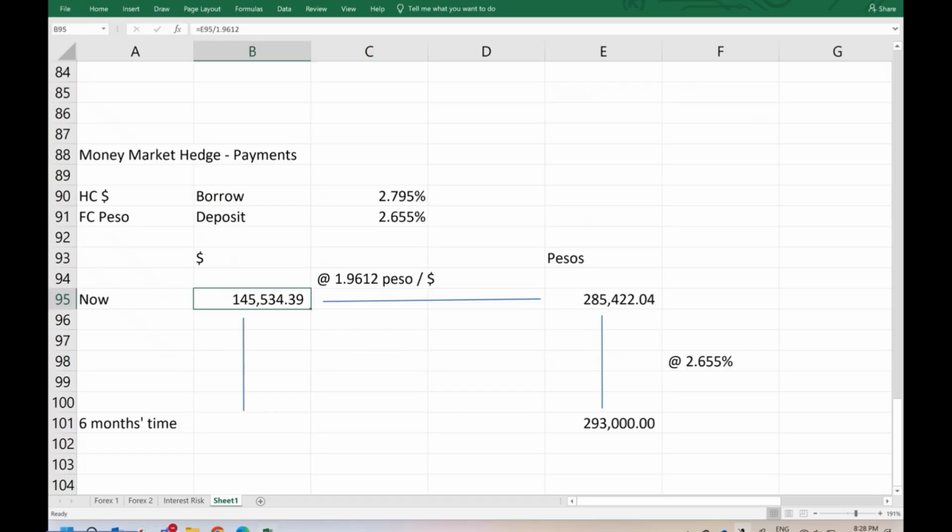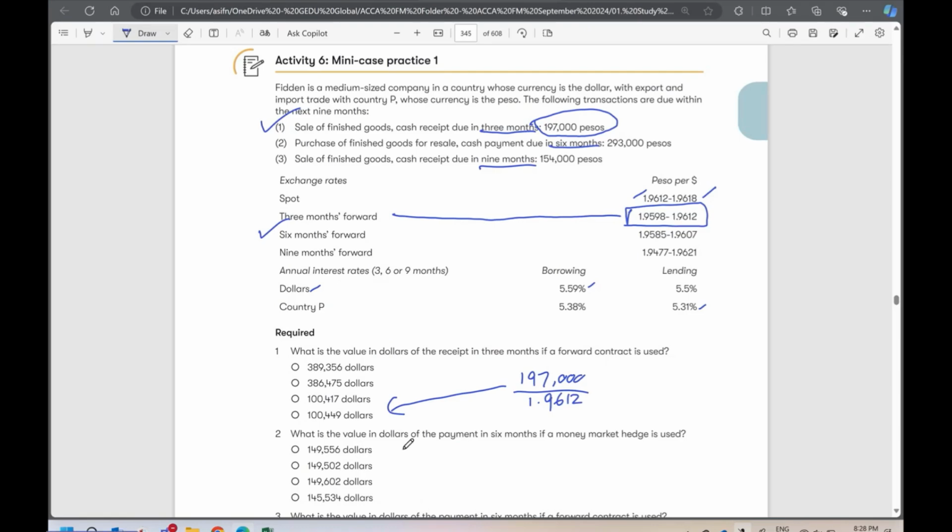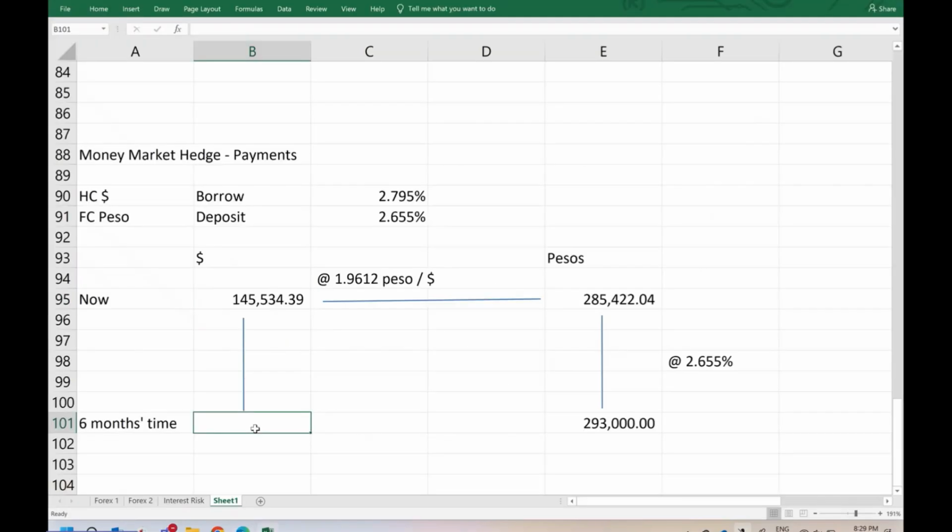In 2 days' time, what did he say? What is the value of dollars in 6 months? Not 2 days' time. In 6 months, if the money market hedge is used. So for 6 months we need to find this number, right? Look, this is the money you borrow.